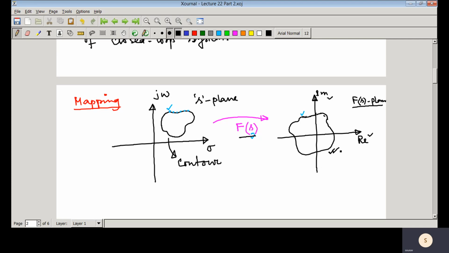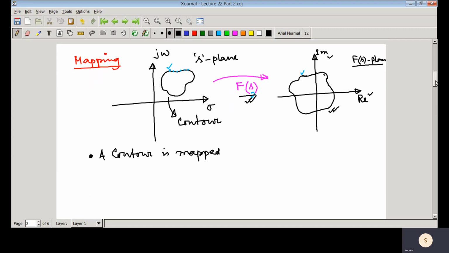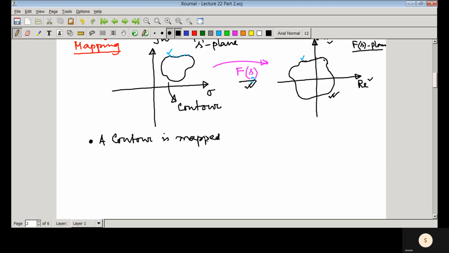What would be the shape of this contour? It depends on what function we have considered. So two things we have seen. One is that a contour is mapped through a function, F(s), to another contour in the F(s) plane. This result is from complex analysis.